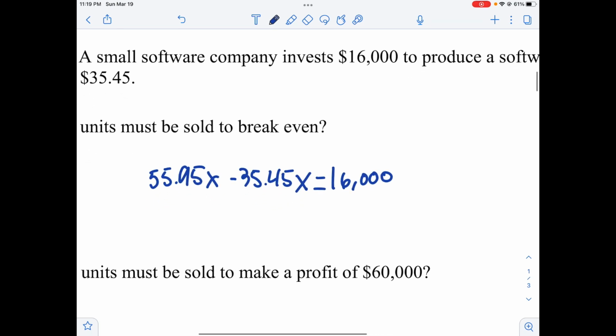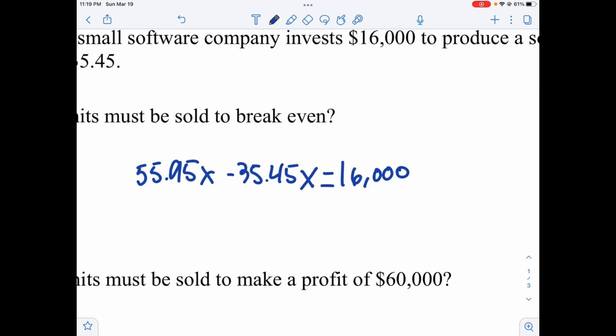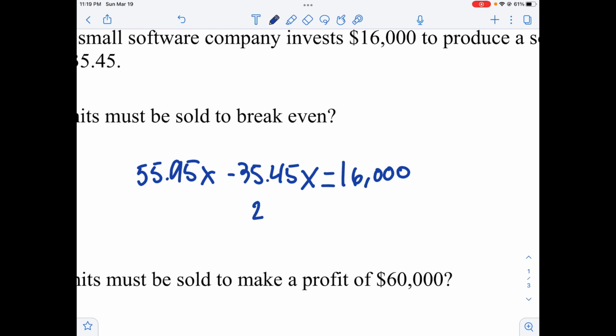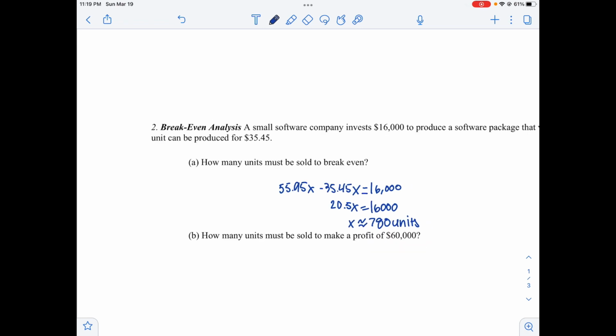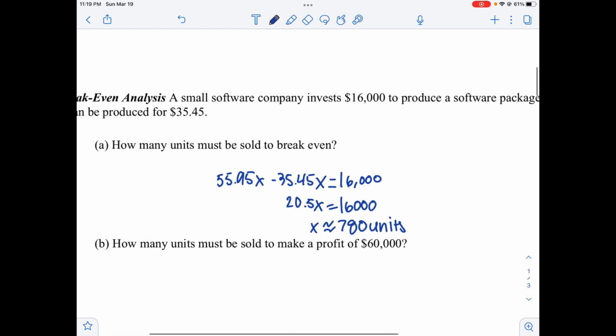So 55.95 minus 35.45 is 20.5x, and it's still 16,000. Then x is approximately 780 units. So that's how we solve for the units.